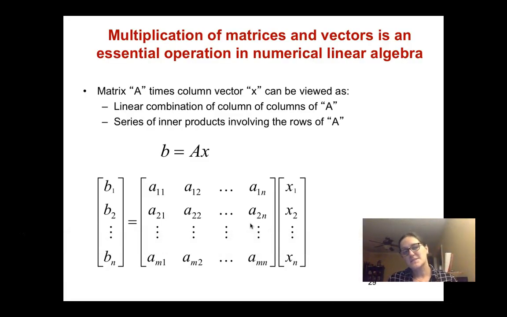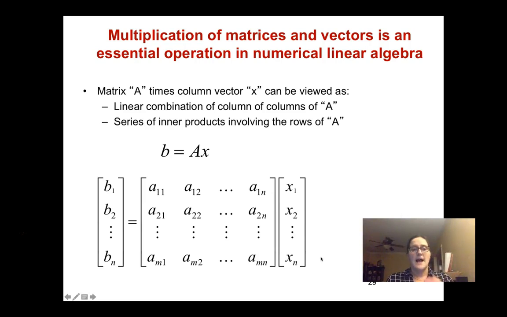Now we will actually define how to multiply a matrix and a vector. This is really a special case of matrix multiplication, but it's a simpler case to think about. So we will start with matrix vector multiplication. Let's assume we have a general matrix A, shown right here. This matrix has m rows and n columns. Then I will need a vector that has specifically n rows, so it's an n by 1 vector.